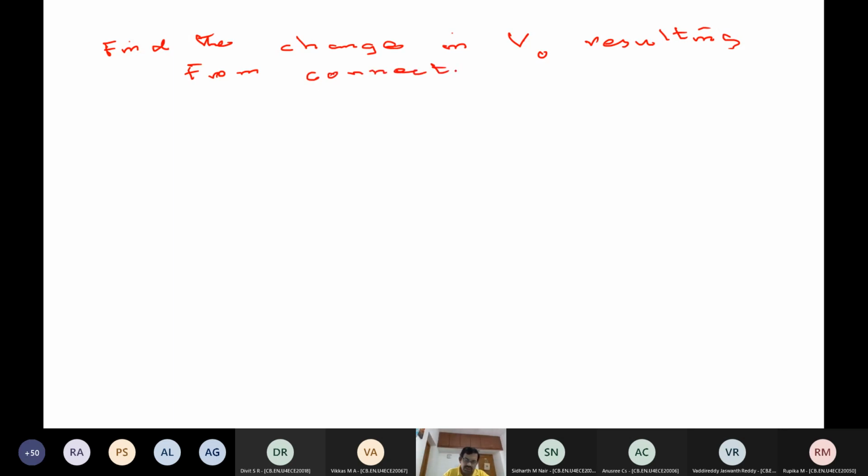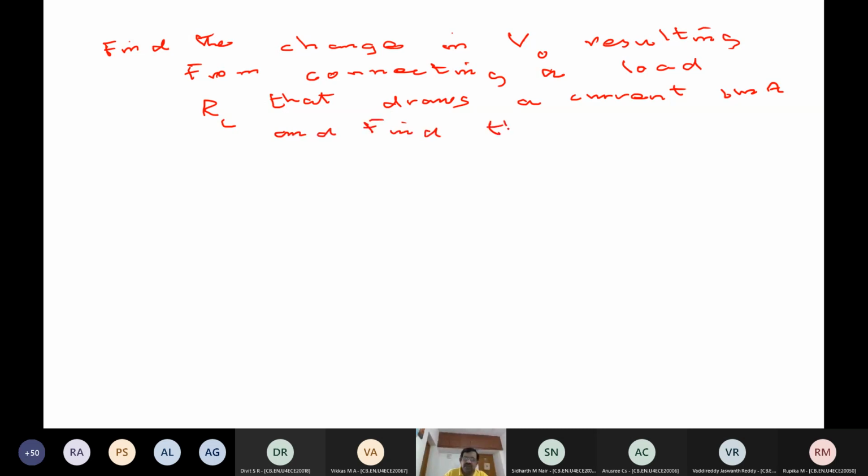Okay, so the next question is to find the change in V naught resulting from connecting a load RL that draws a current of 1 milliampere, and find the load regulation.